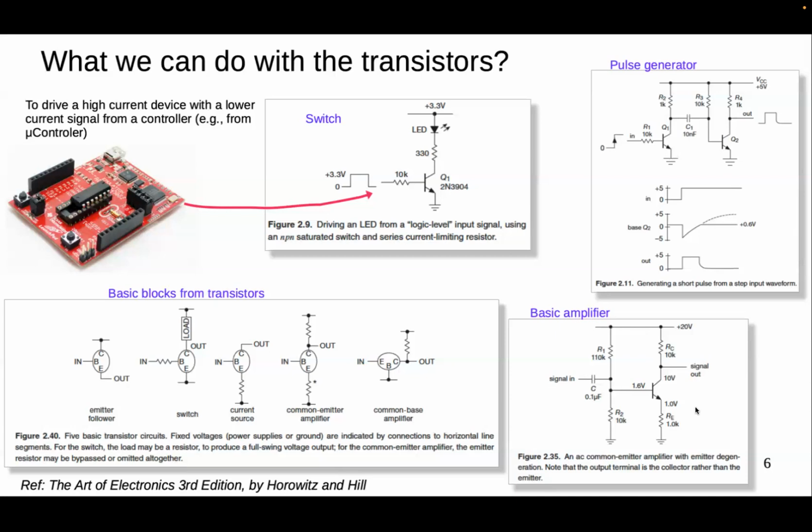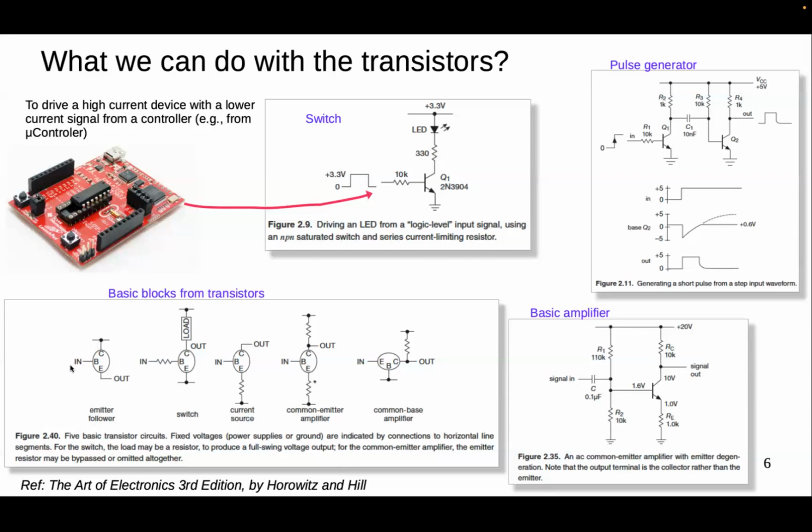We will not analyze exactly how this works, but the idea is that you see different blocks that use transistors to build different types of responses. So we have something like an emitter follower, which basically gives the same current from the input to the output.